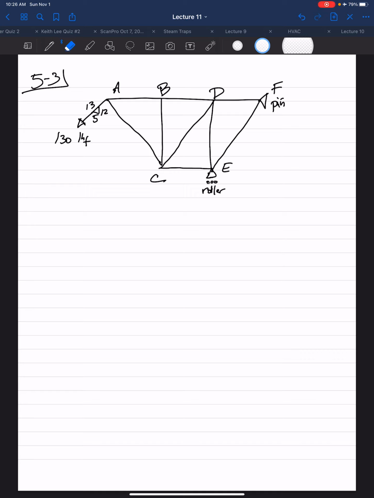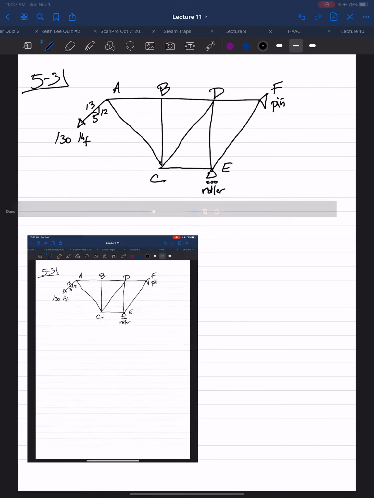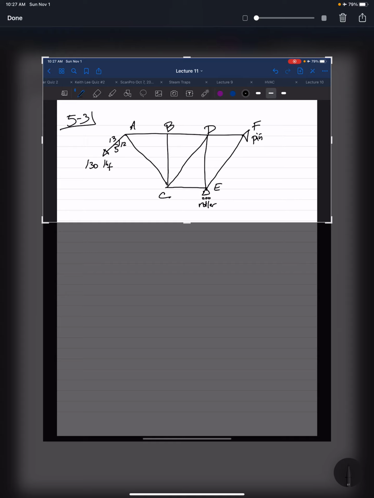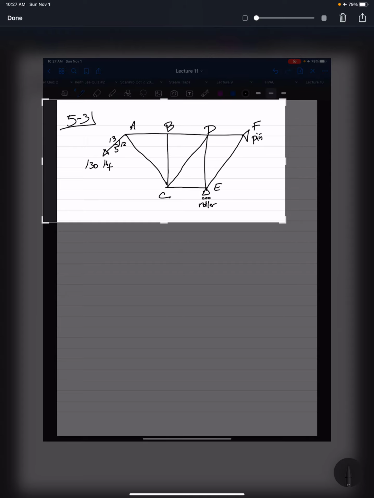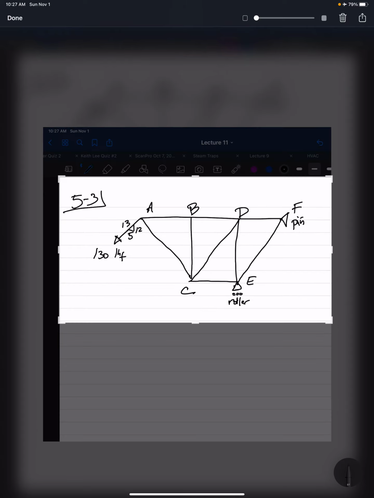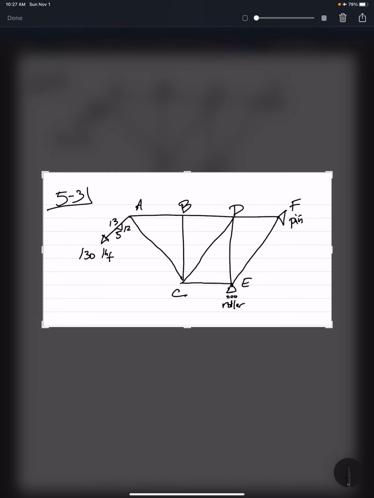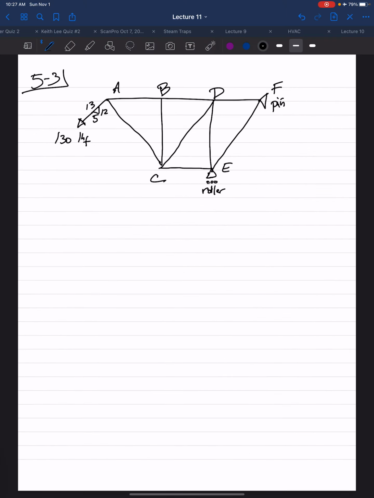Before we get that, let's get this picture saved. So fresh page. Okay, so let's start at joint A. So a free body diagram here. We have the 130 pound force.